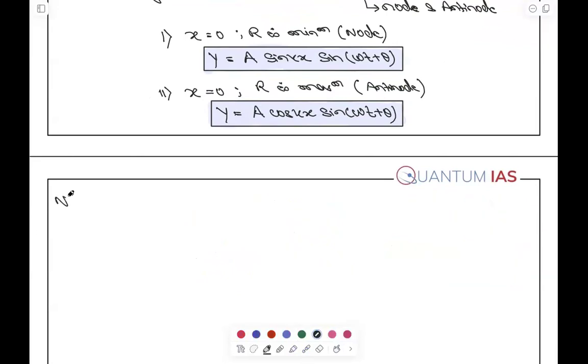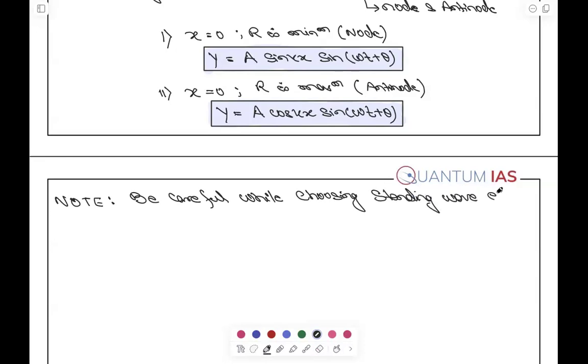So please write a note here. Note: be careful while choosing standing wave equation in your answer.